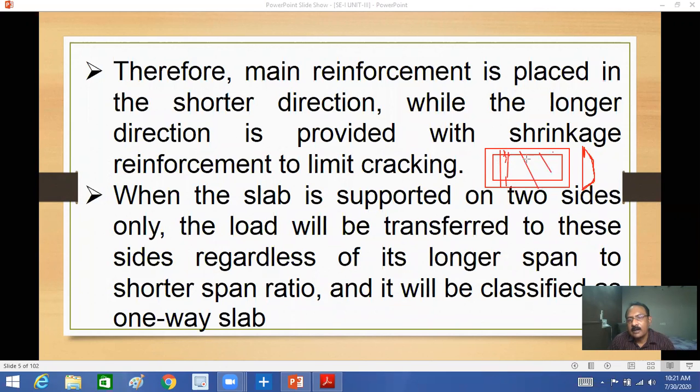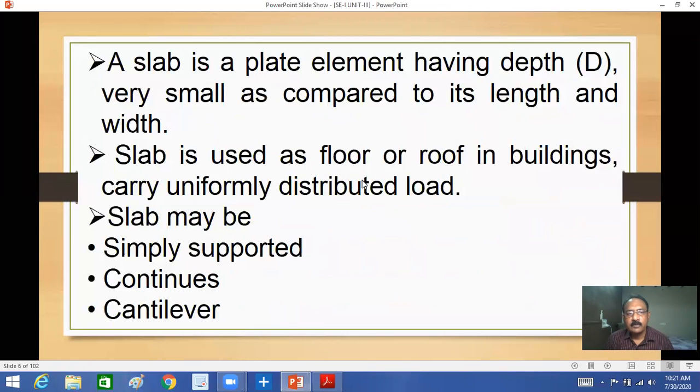In this direction we will provide the reinforcement, and it is classified as a one-way slab. When the slab is supported on two sides only, the load will transfer to these sides regardless of the longer span to shorter span ratio, and it will be classified as a one-way slab.